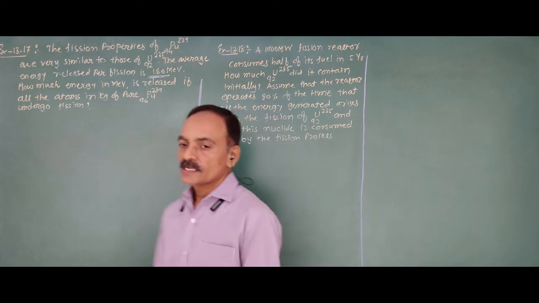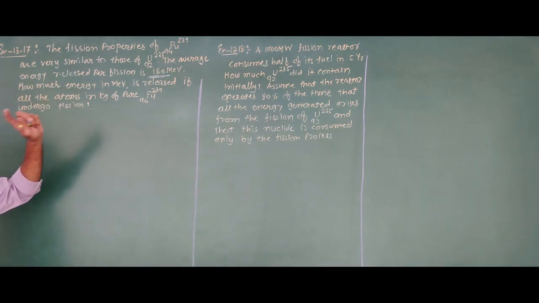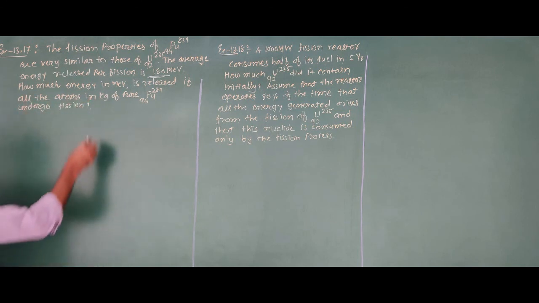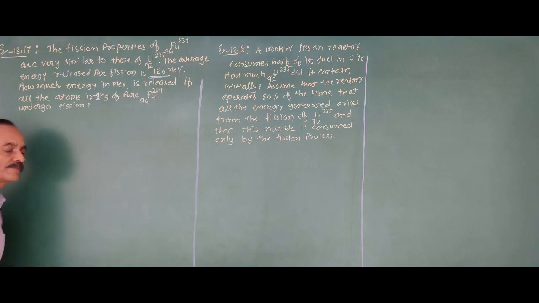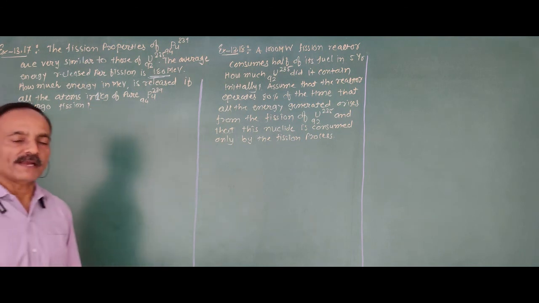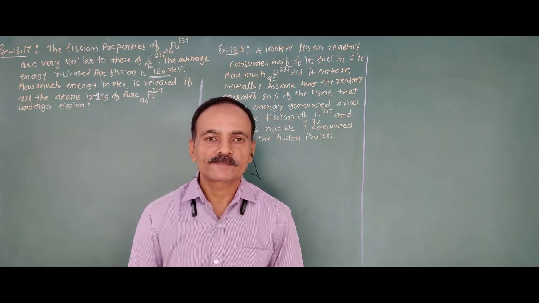That means we have to find out how much energy is released due to the fission of 1 kilogram of pure plutonium. Okay. So first we have to find out the number of atoms in 1 kilogram of plutonium.